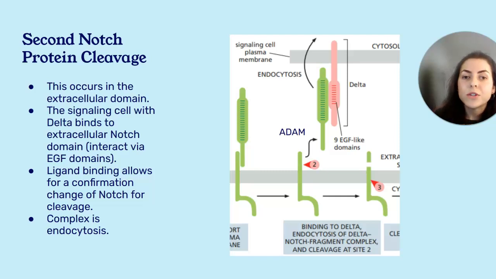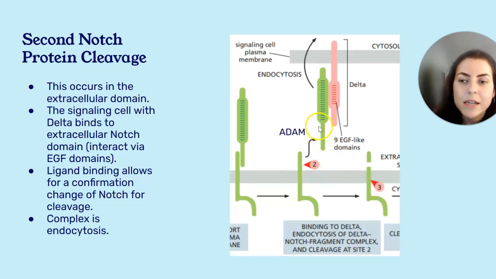This is the extracellular domain, so this is outside of the cytosol. The signaling cell with the Delta will bind to the extracellular Notch domain. They have these EGF domains that bind to each other. The ligand binding allows for the conformation change of the Notch to allow the cleavage, so it could take this complex away and change the conformation.